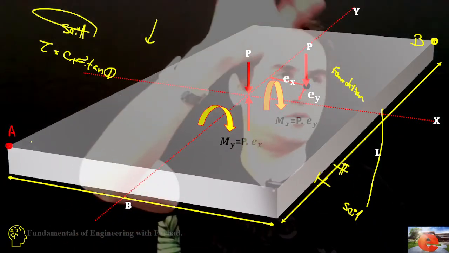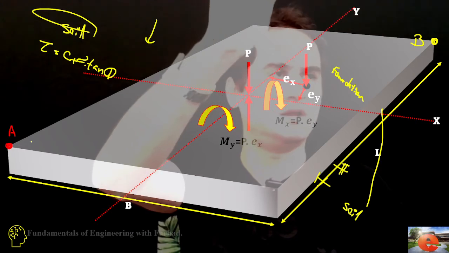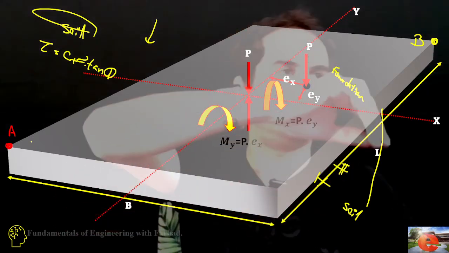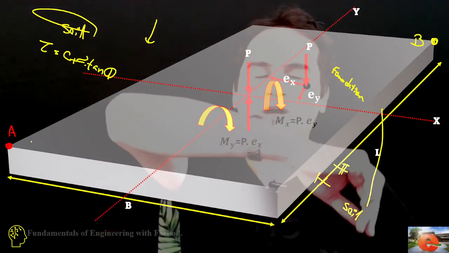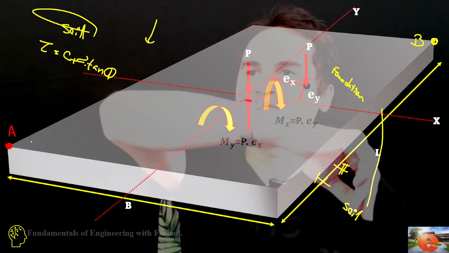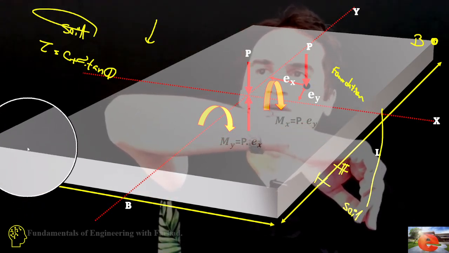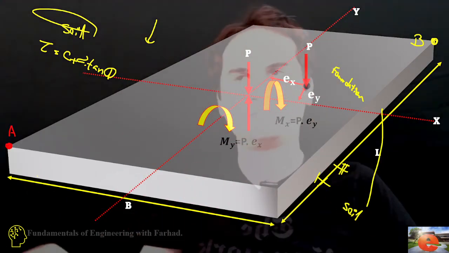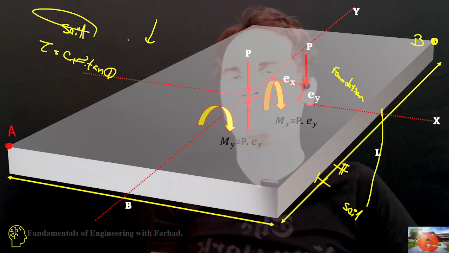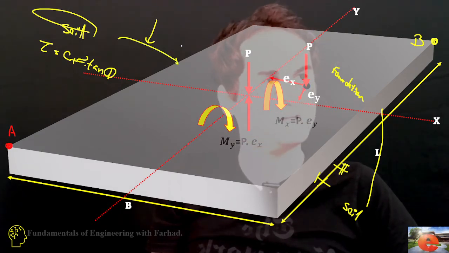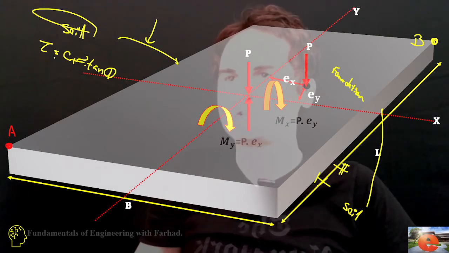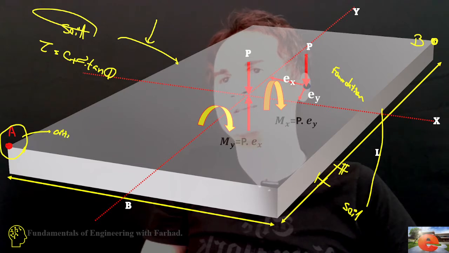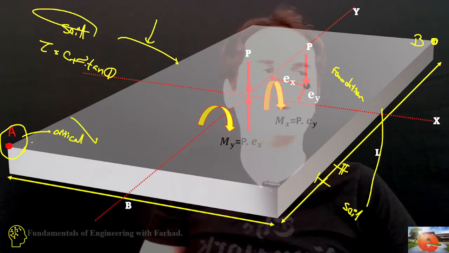We can apply a huge force of push to the foundation, but if there is tension, there is a risk of separation of the foundation from the soil. Soil and most materials are good in compression and weaker in tension. So our critical point in this foundation is point A.